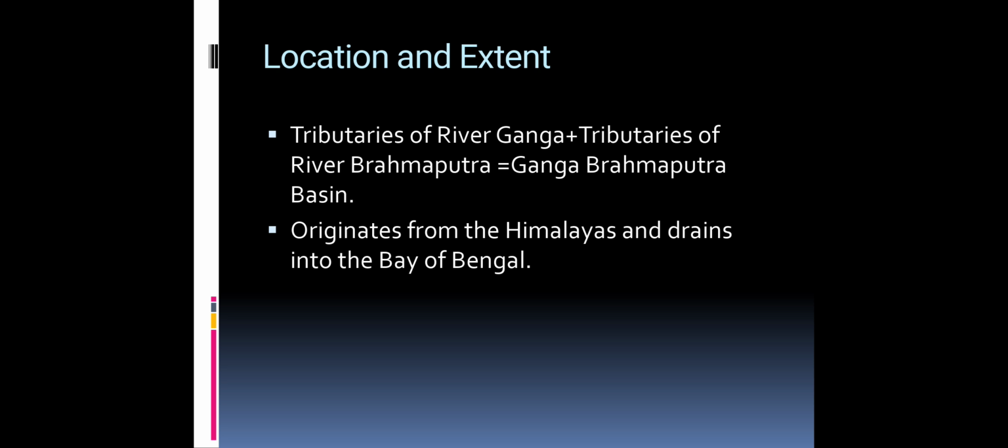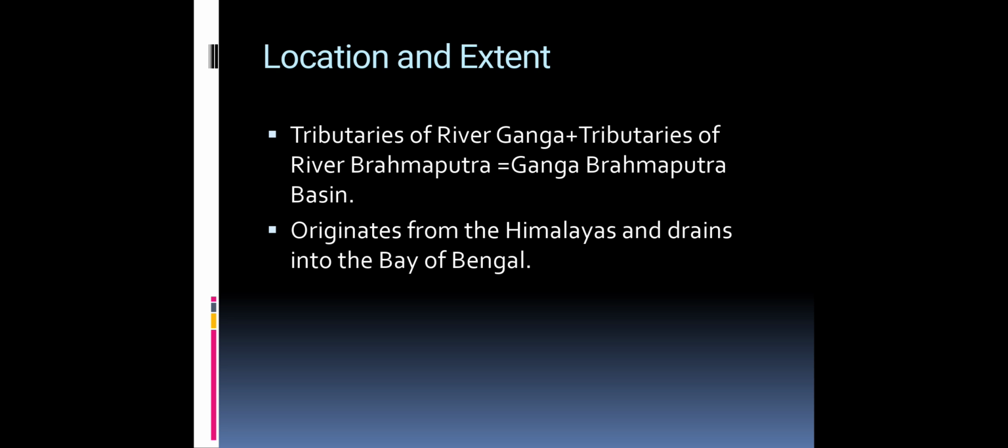Both Ganga and Brahmaputra originate from the Himalayas and they drain into the Bay of Bengal near Sundarban Delta. So it covers a long journey before it drains into the Bay of Bengal near Sundarban Delta. Clear about its location and extent?